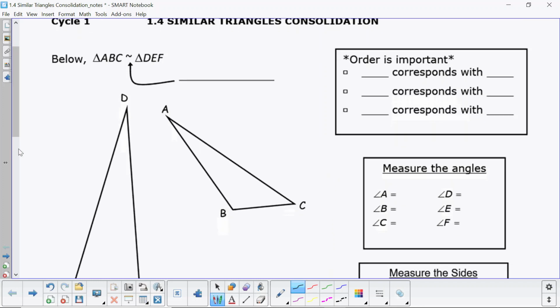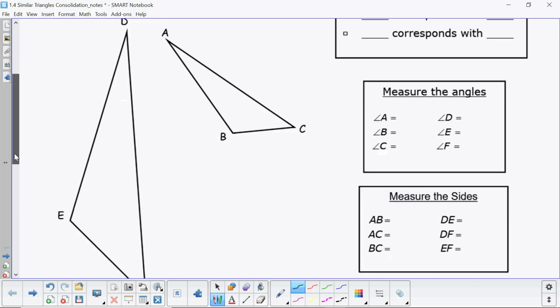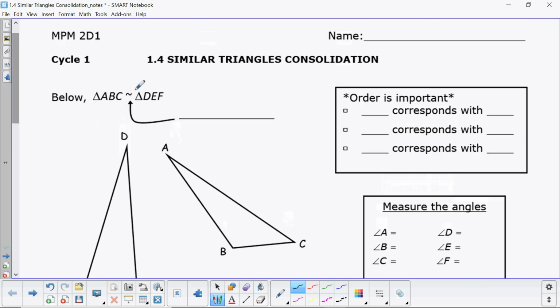And now we are going to see, for similar triangles, we have two of them below. They have the same shape, but different size. We label them triangle ABC and triangle DEF. So we say triangle ABC, and this sign like the number eight but rotated, we call it similar.